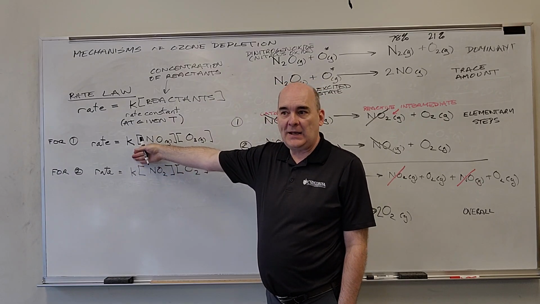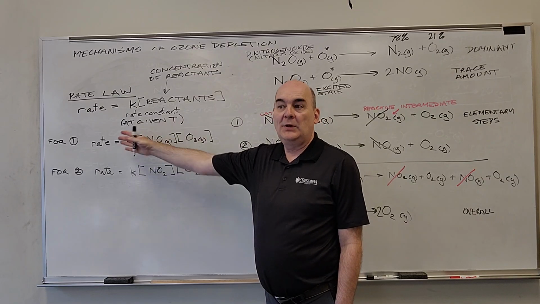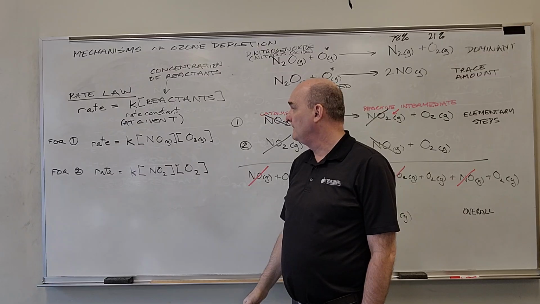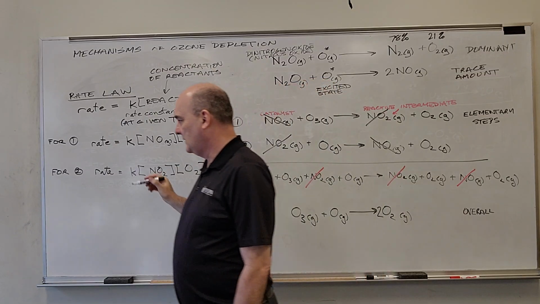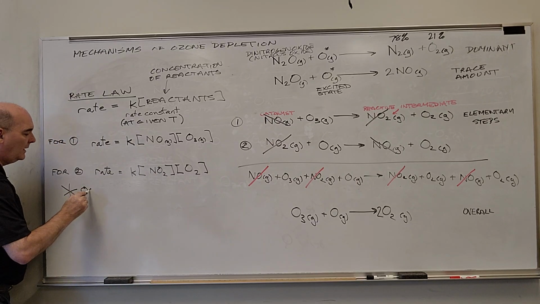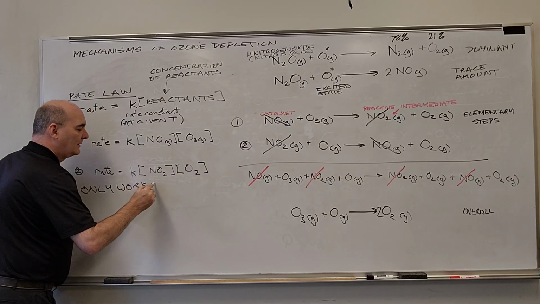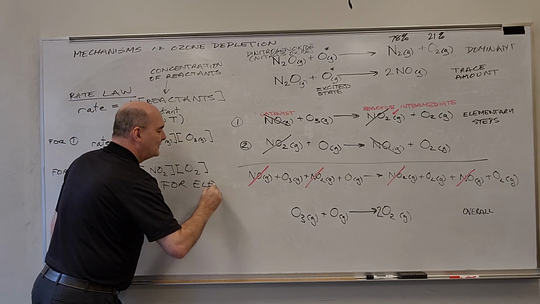I might have that information from a previous coworker that worked this out, and I'm putting today's numbers into my equation, okay? That for, this is a big, big asterisk here. This only works for elementary steps.